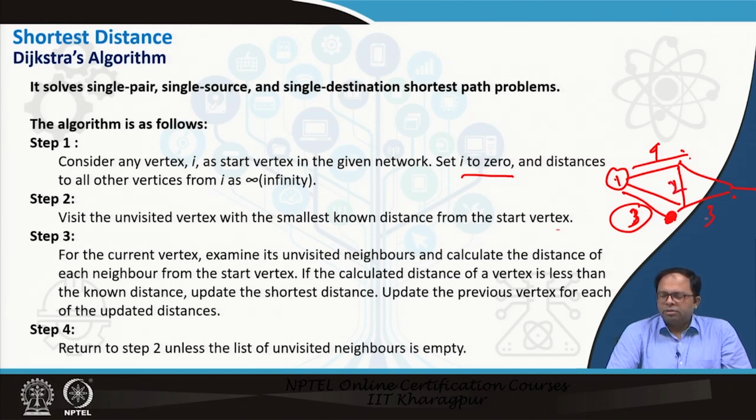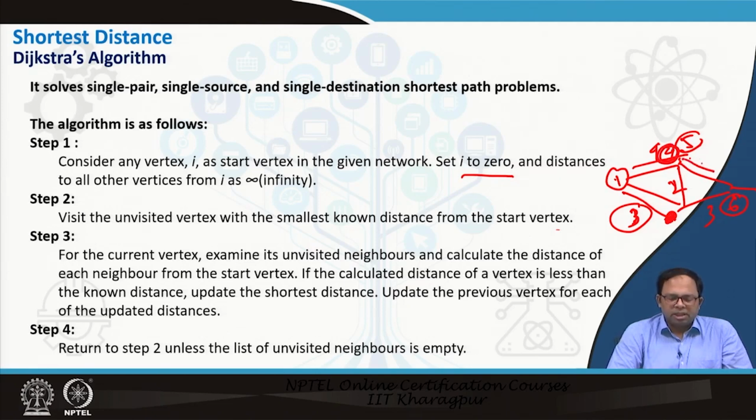So, from 3 to 3, this becomes 6, and over this side, this is 3 plus 2, this becomes 5, but already the value is 4. So, we will not accept 5, we will keep it as 4, and now we have got 4 here and 6 there. So, this is the smallest vertex, we will start from this side.